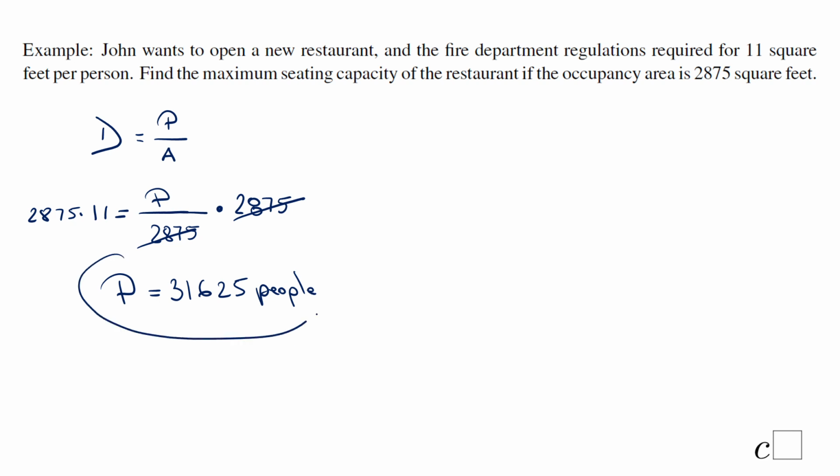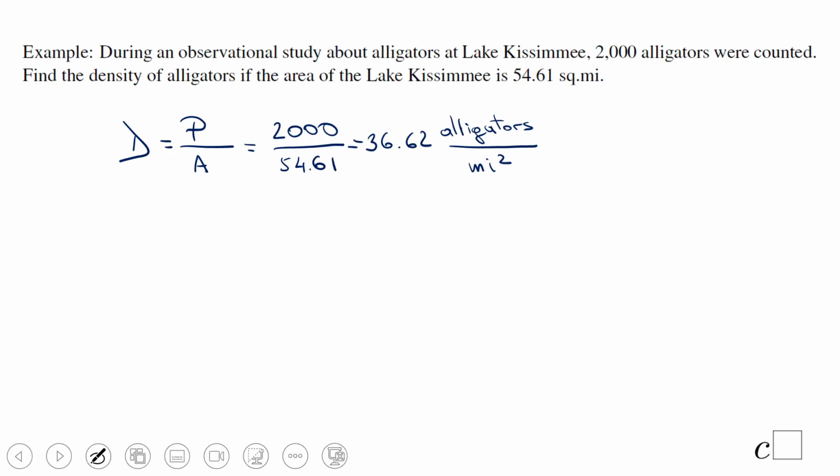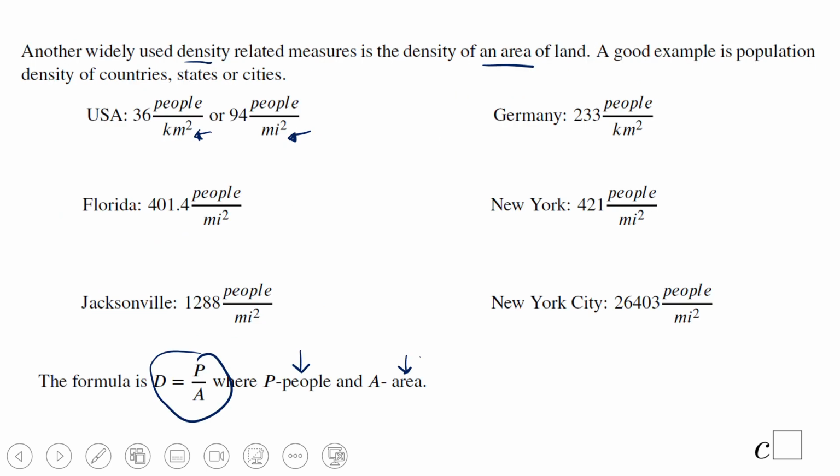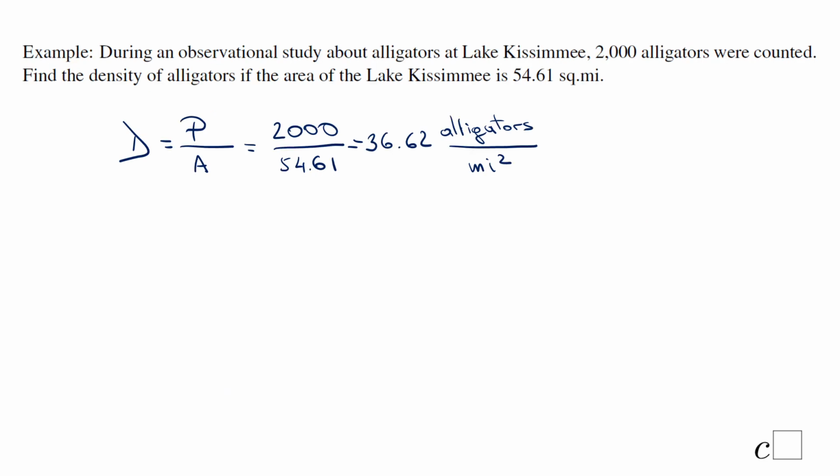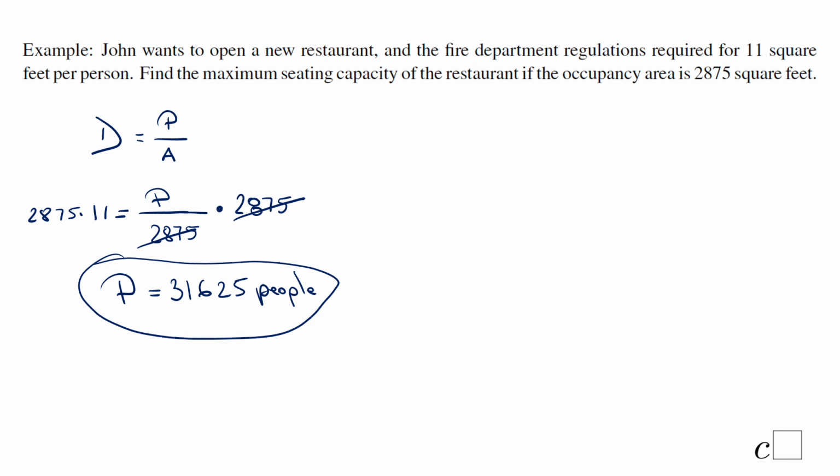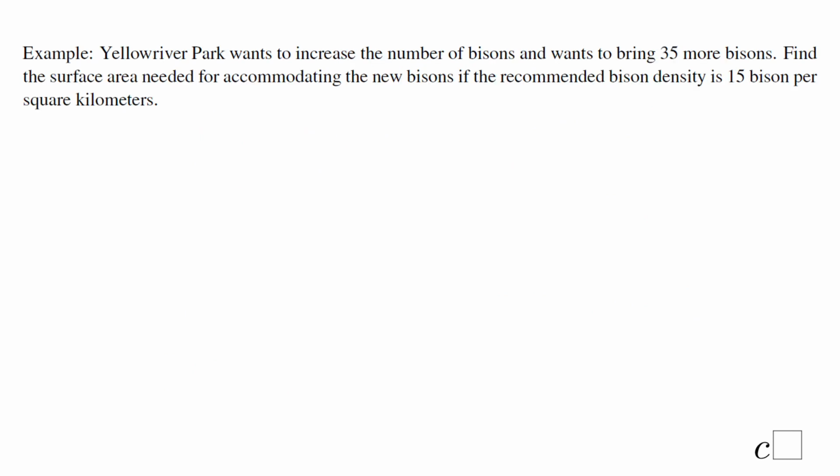So again, you notice here a problem where the D was given, A was given, and you need to find P. So be very careful. Let's take a look at the next one.